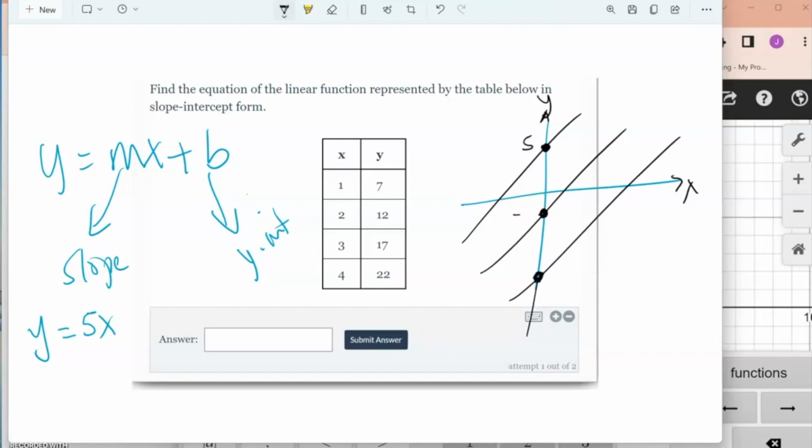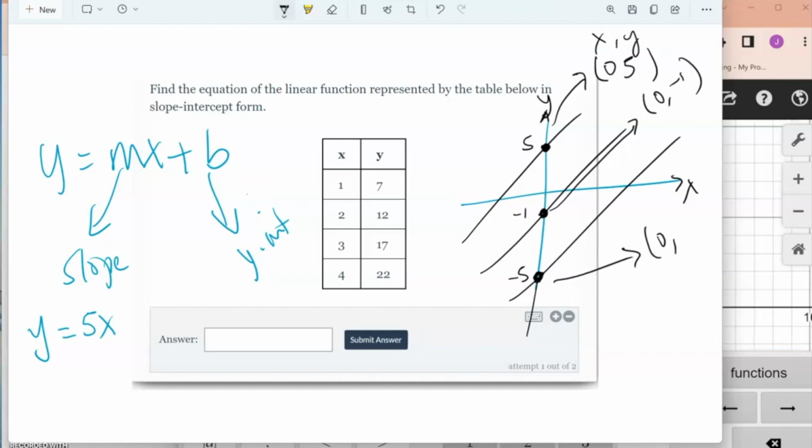Let's call that 5, -1, and -5. If I was to write a coordinate, x and then y, what would I write for x? At this point, x is always equal to 0, so this will be 0, 5. Over here, x first, so 0, -1. Over here, 0, -5.